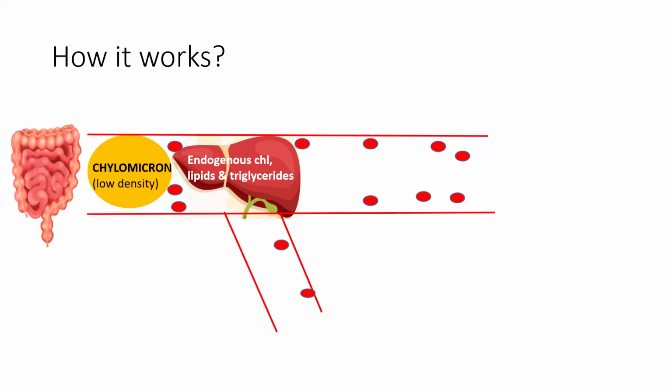When the chylomicron enters the liver, it gets converted to VLDL, which is very low density lipid, meaning it has more lipid content and very little protein content. The chylomicron, already a low density lipid, enters the liver, which already has endogenous cholesterol, lipids, and triglycerides. All of these combine, become excess, and lead to the conversion to VLDL.